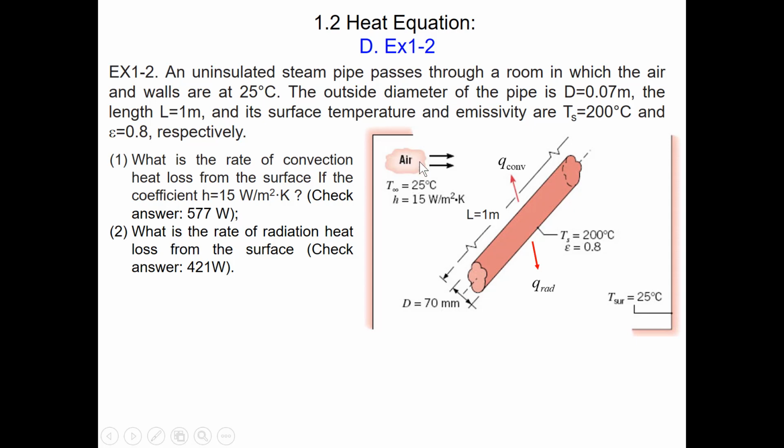And air at temperature 25 degree with heat transfer coefficient 15 passing through the outside of the pipe. We're interested in finding the convection heat loss rate and radiation heat loss rate.